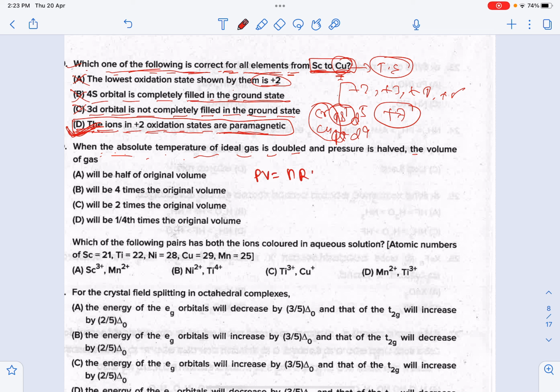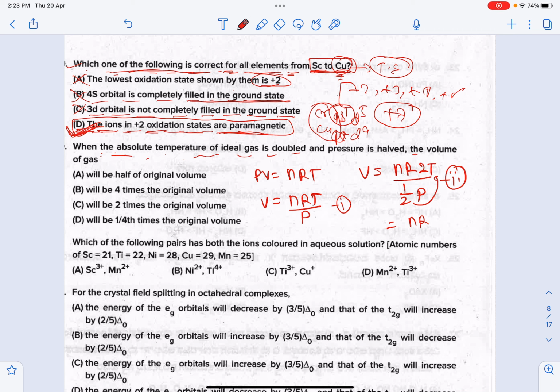To make it clear, the equation is PV equals nRT. When you write it like this, V equals nRT divided by P, this is equation 1. Now when temperature is doubled and pressure made half, this will be equation 2. We can see that this 2 goes to the upper side and it gives 4T and P. Suppose this is V1 and this is V2.